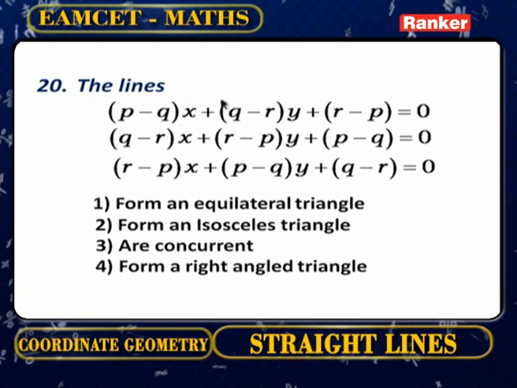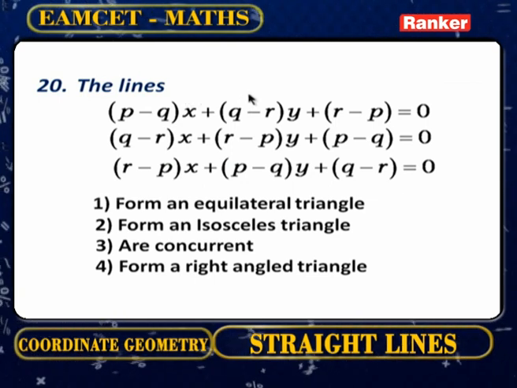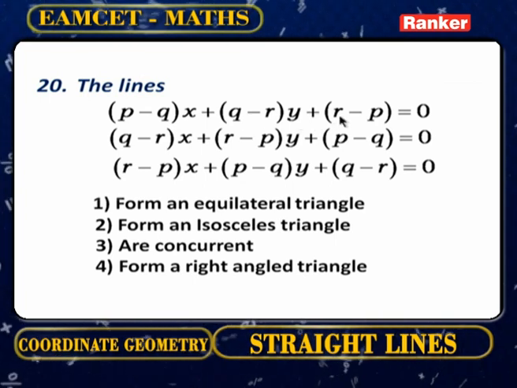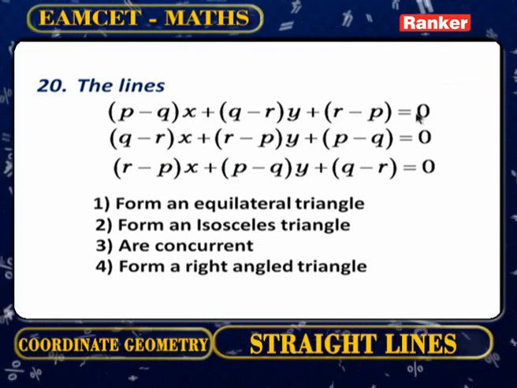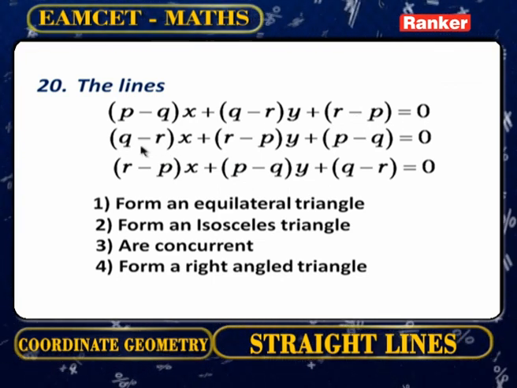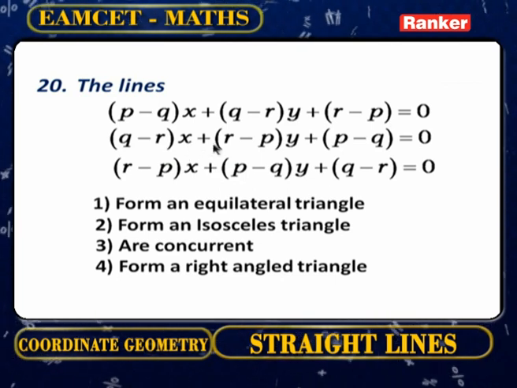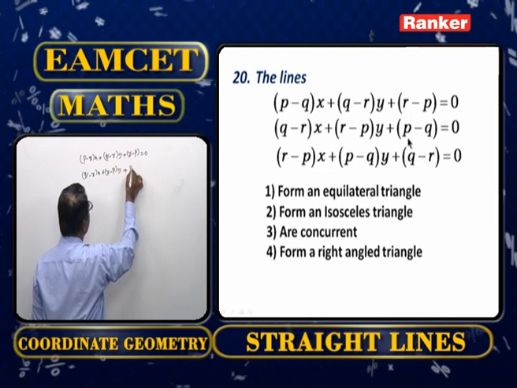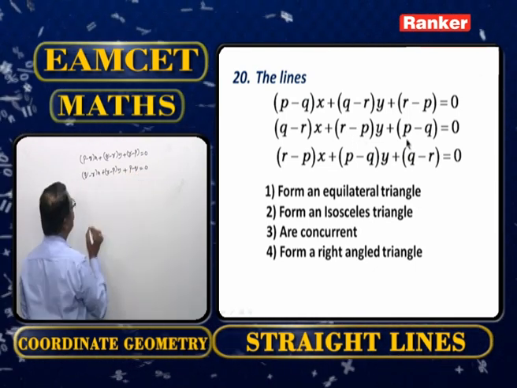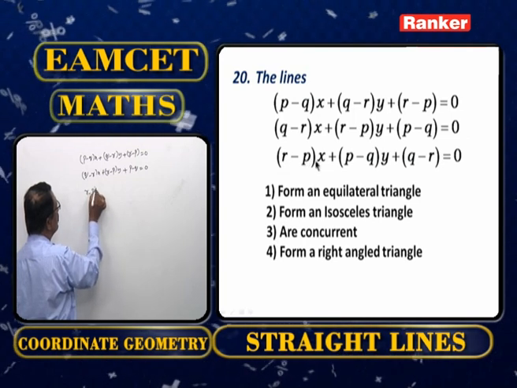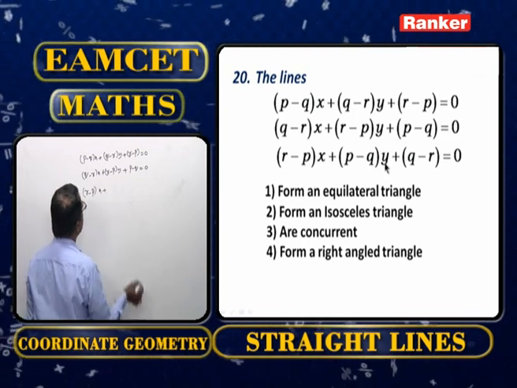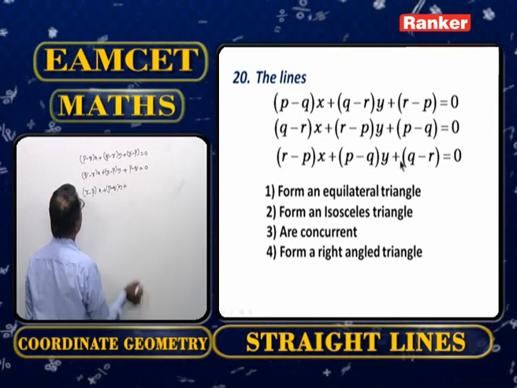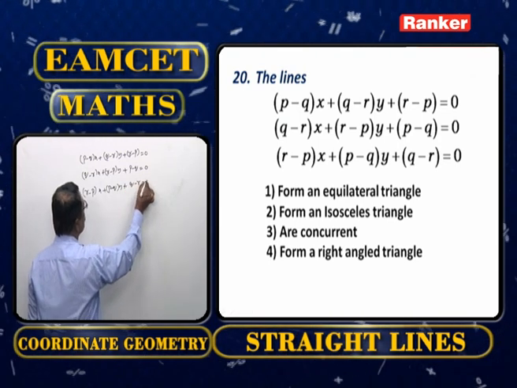If the lines (p minus q)x plus (q minus r)y plus r minus p equals 0, (q minus r)x plus (r minus p)y plus p minus q equals 0, and (r minus p)x plus (p minus q)y plus q minus r equals 0.